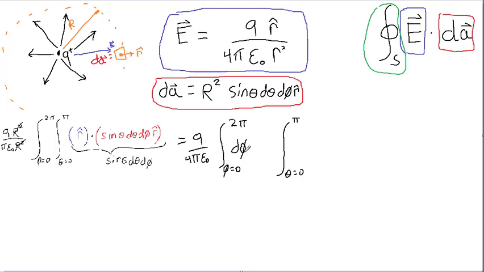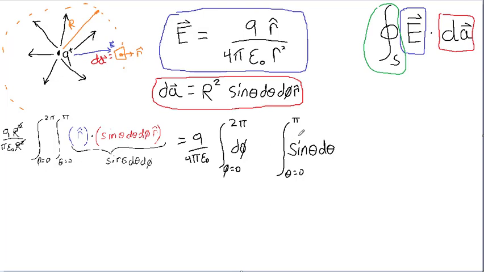So I can integrate this portion with respect to phi, and I can multiply that by the portions that are relevant for theta. So the only thing left in this function was sine theta d theta.